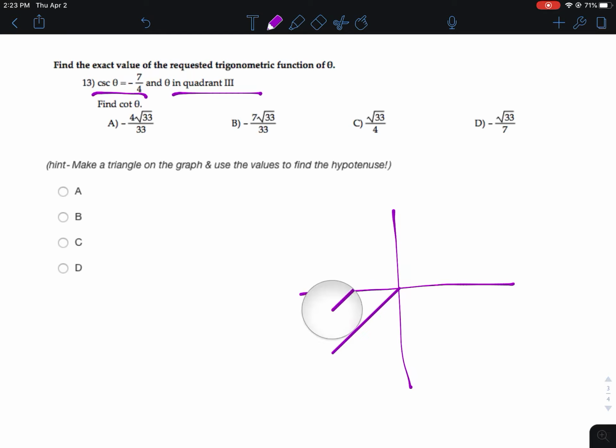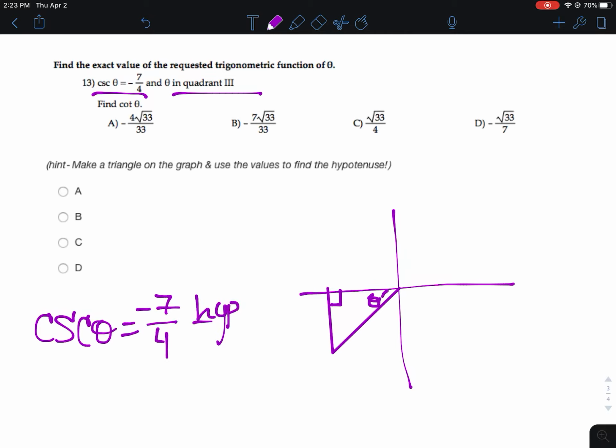So this one in particular is in quadrant 3, so I'm going to make my reference triangle in quadrant 3. Theta prime there. Cosecant, like we just said, here it's negative 7/4. That's hypotenuse over opposite. Just remember your hypotenuse is always positive, so that's a positive 7. Then the opposite side must be a negative 4.